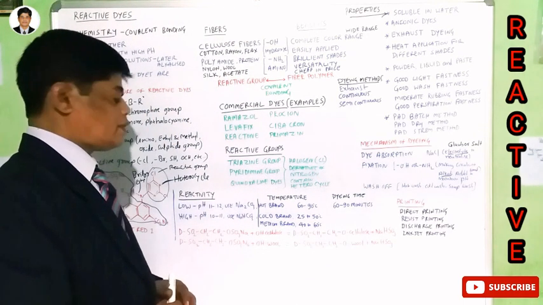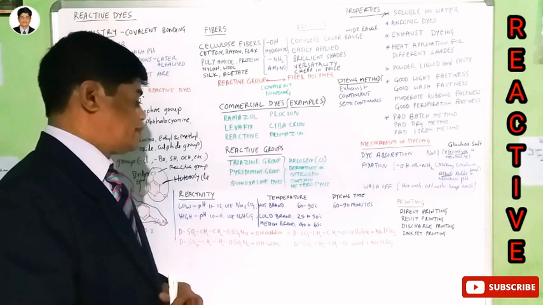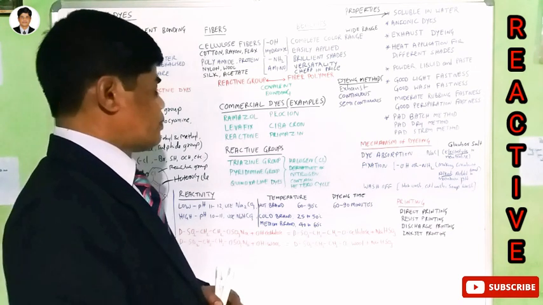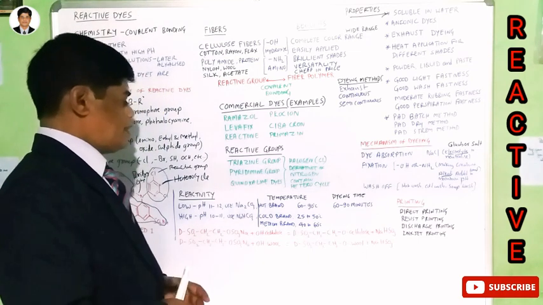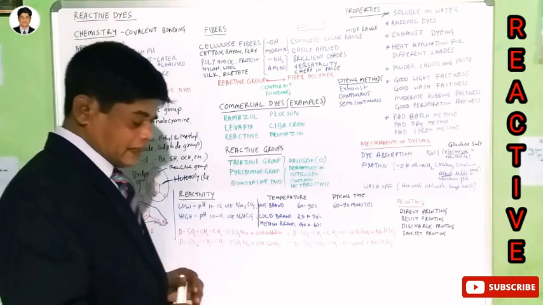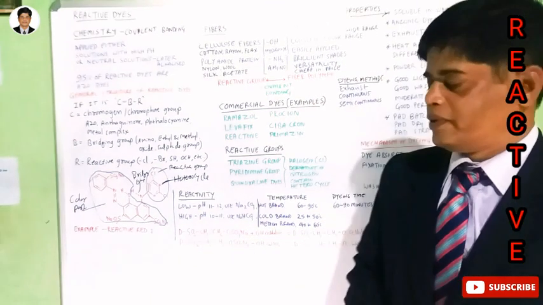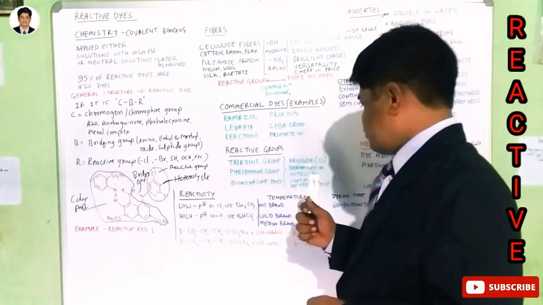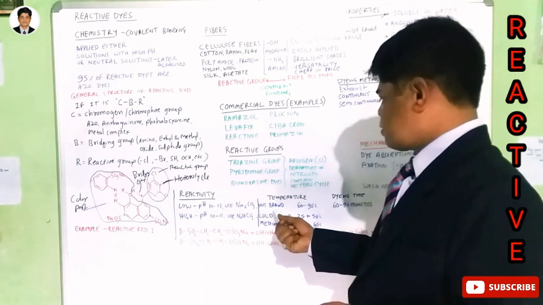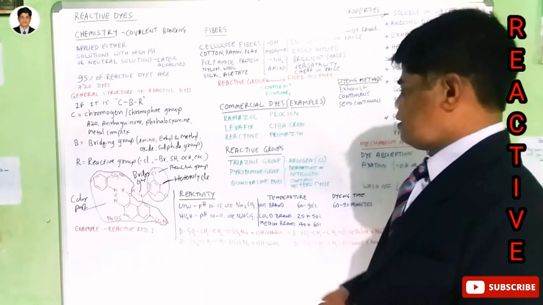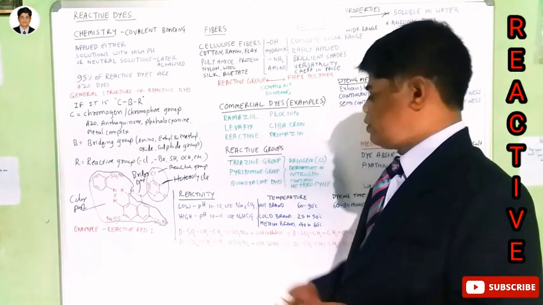But how much temperature is required? 60 to 90 degrees centigrade temperature is required. High temperature is required. That is the reason these reactive dyes are called hot brand reactive dyes: 60 to 90 degrees centigrade, and pH 11 to 12.